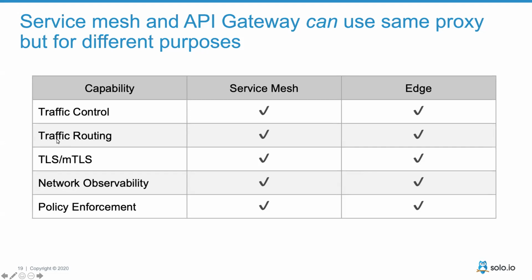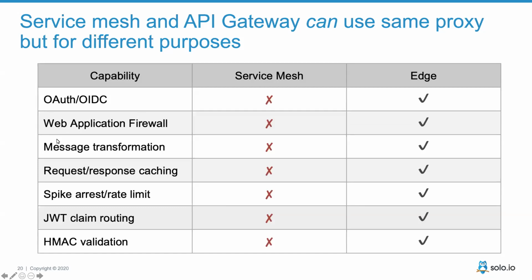Now, let's look at the gateway case, where we see the proxy, we see Envoy, in a role. This is the most important part, a role that is different from service-to-service communication. We're going to see in the gateway case that Envoy plays the role of securing boundaries, which is different than the service mesh service-to-service capabilities.